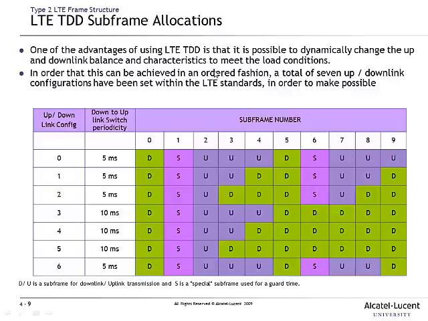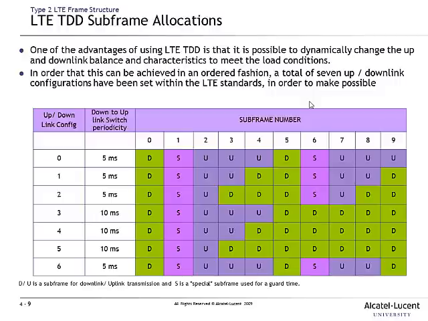This is one of the advantages of the LTE TDD mode, that it's possible to dynamically change the uplink downlink balance based on load conditions. So you can change this on a dynamic basis. It's not something that needs to be fixed in the system. Even from one frame to the next frame, so every 10 milliseconds, you can change the uplink downlink balance based on channel traffic conditions.